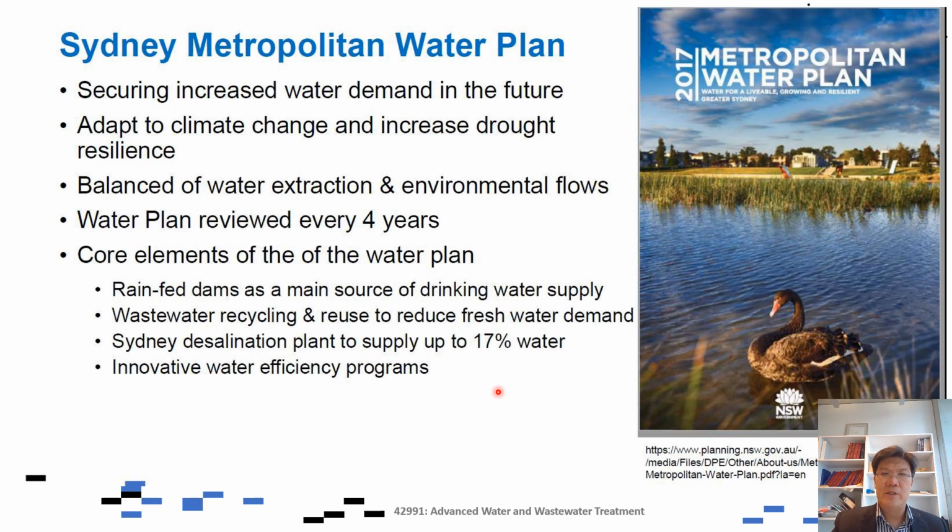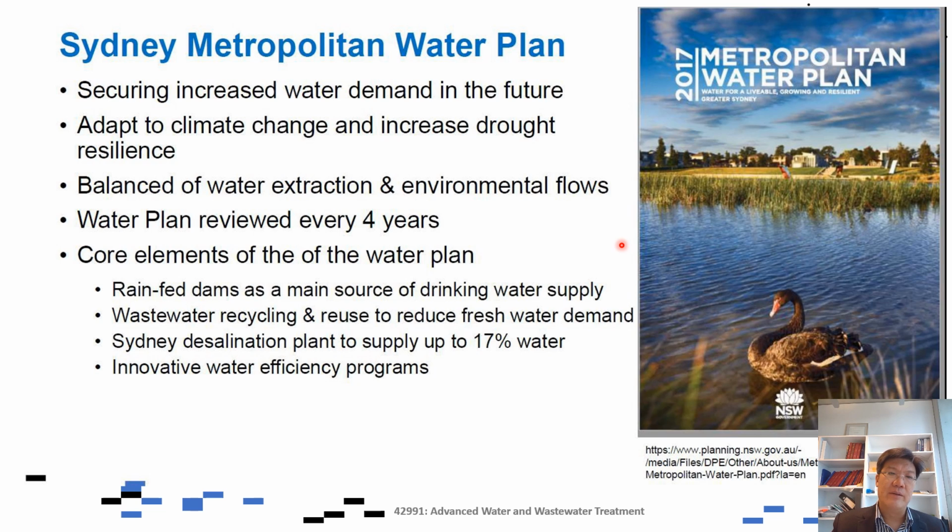Also, we will cover the Sydney Metropolitan Water Plan. This is how to secure increased water demand in the future, adapt to climate change and increase drought resilience, balanced with water restrictions and environmental flows.